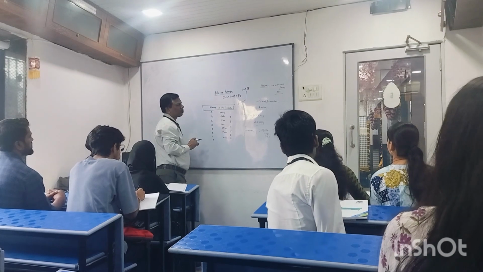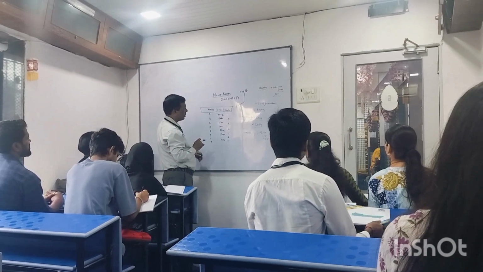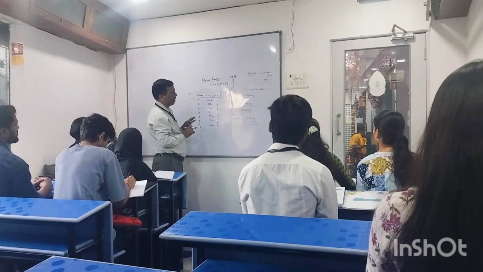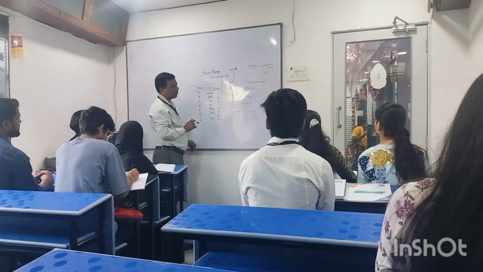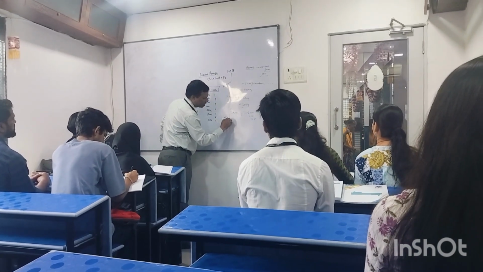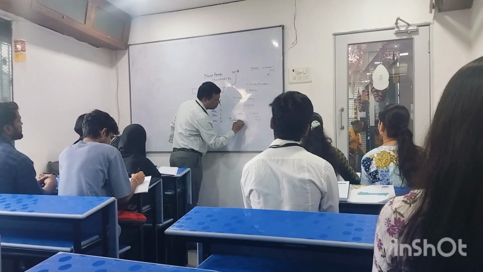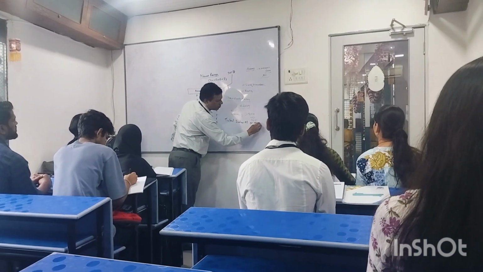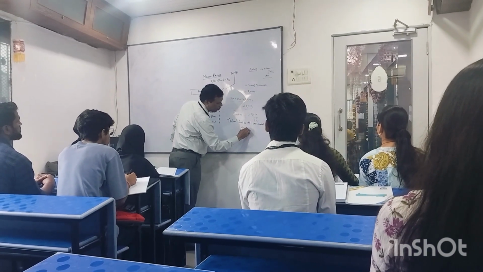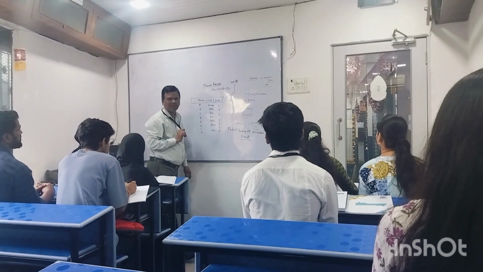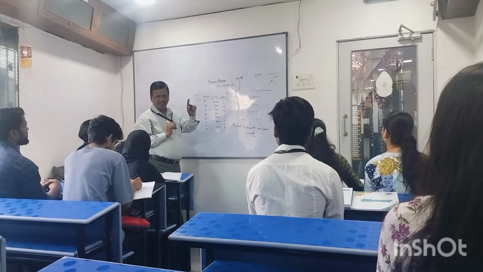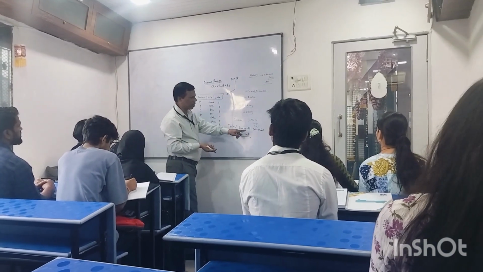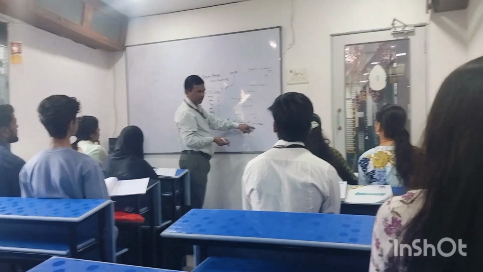Now for example, I need the total sales of only Mumbai. Could you tell me which formula I should use? Yes, SUMIF is the right answer, because the logic is to get the total of Mumbai.